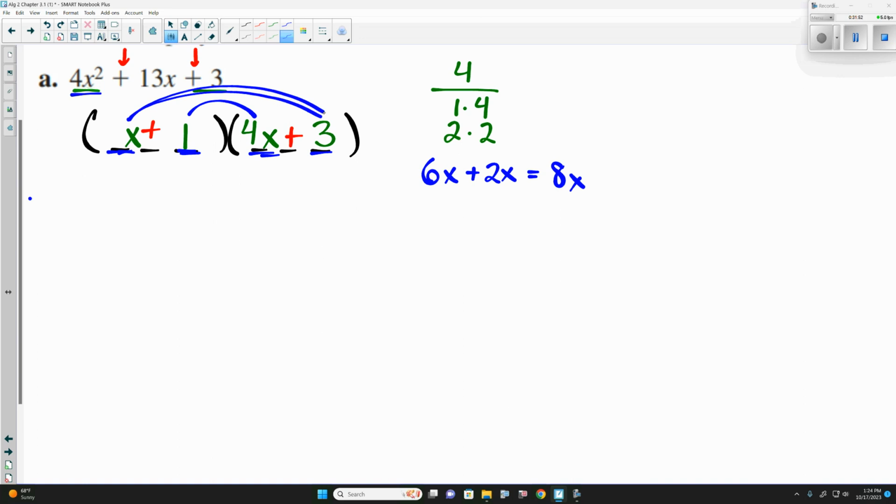But x times 3 is positive 3x. 1 times 4x is positive 4x. And 3x plus 4x is 7x. Is that the middle term we wanted? No? Well, would switching the 1 and 3 do something this time?